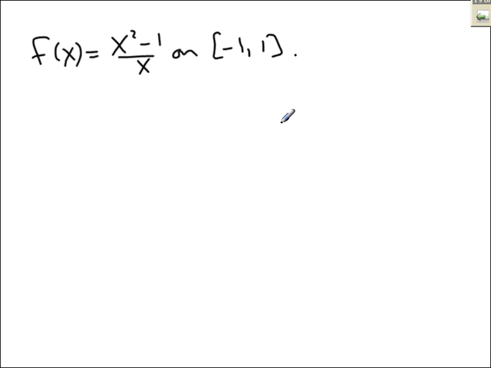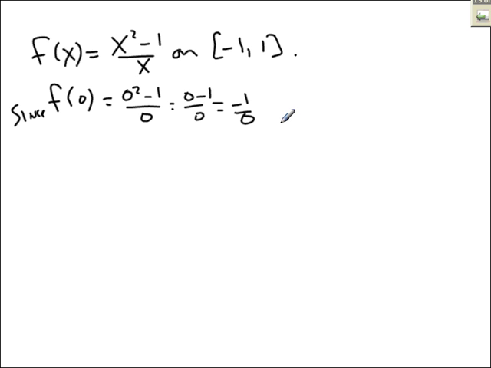Now you have to state why it's continuous. Why is it continuous? Well, f of 0 is 0 squared minus 1 over 0, which is 0 minus 1 over 0, which is negative 1 over 0, which does not exist.